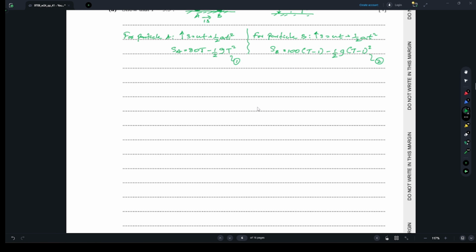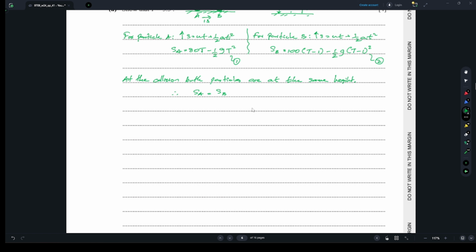So I can write that at the collision, both particles are at the same height. Therefore we can write SA should equal SB.